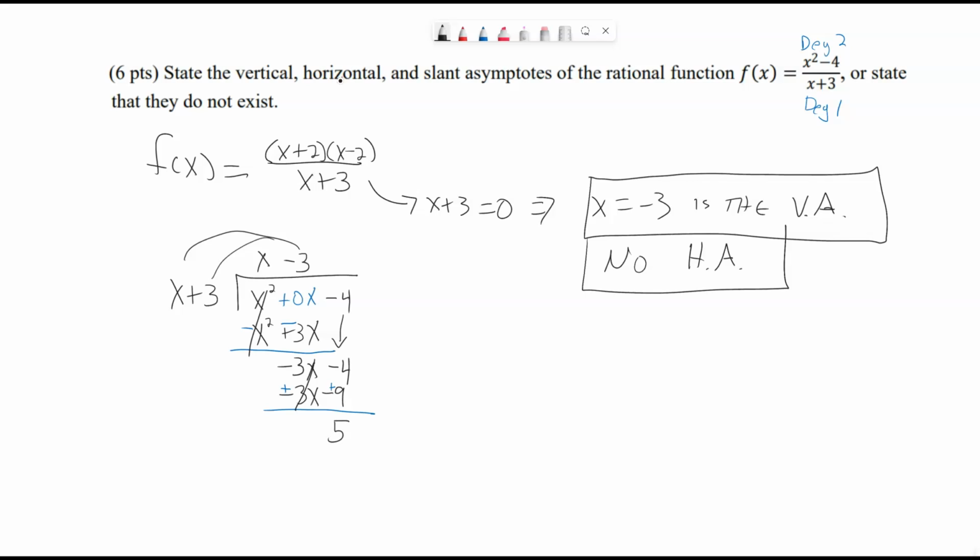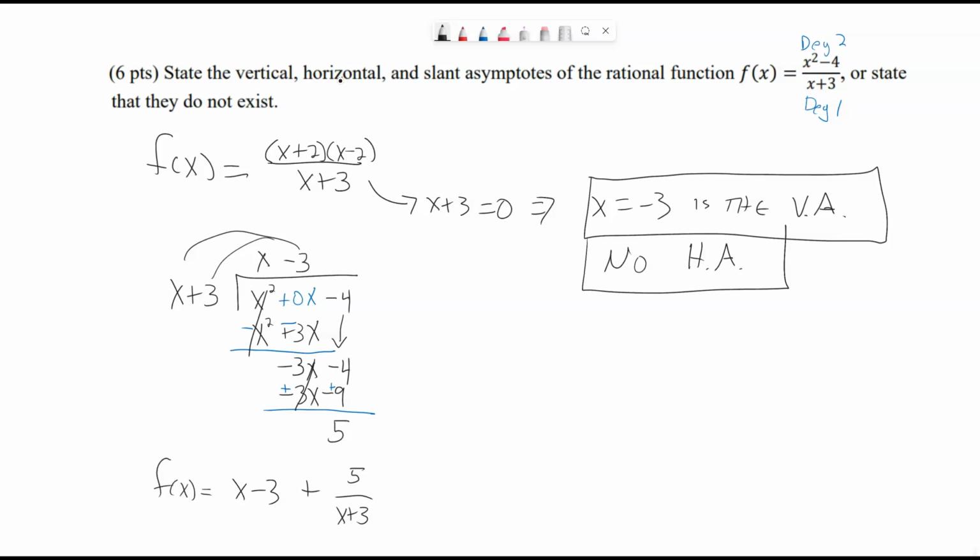So basically what we have done is we've rewritten the function f of x equal x minus 3 plus the remainder of 5 over the original divisor, x plus 3. All this long division does is rewrite the function.